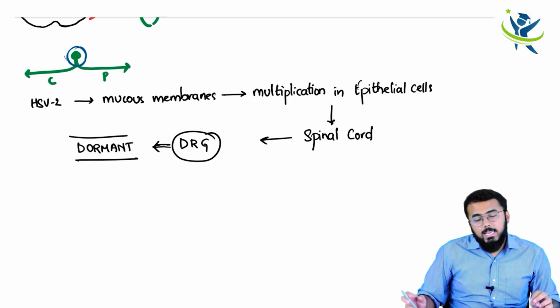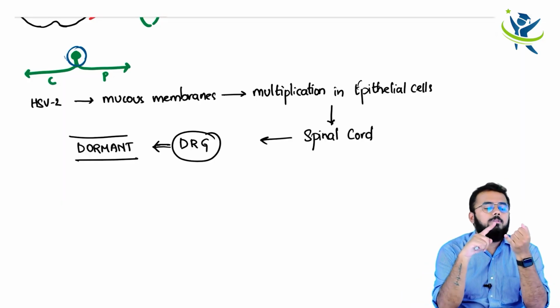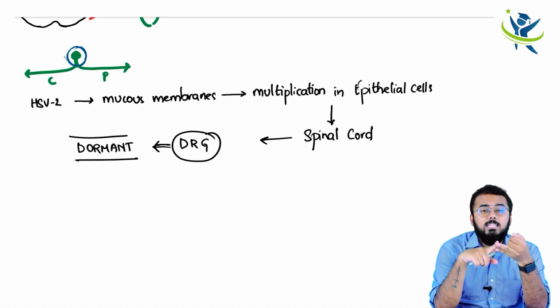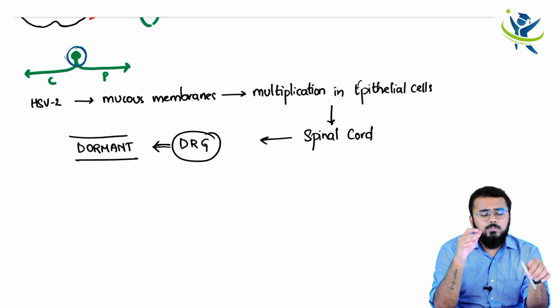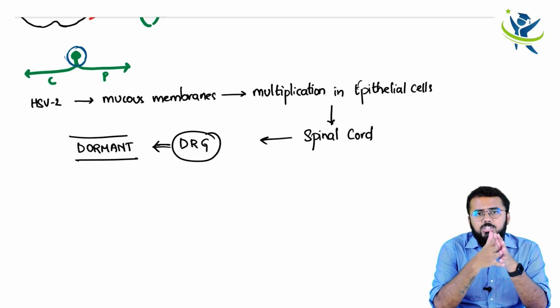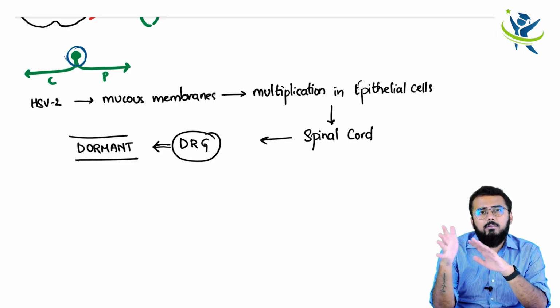Now, whenever there is any kind of stress factor, for example, emotional stress, or let us say immunodeficiency, mostly immunodeficiency. For example, let us say I have a patient who had unprotected sex with a female who is already having herpes.